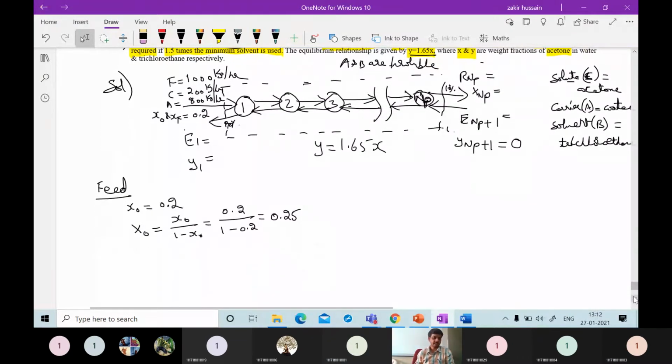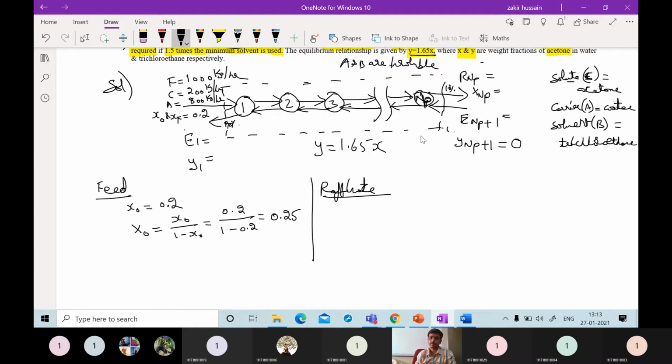Okay, now the feed stream. In the feed stream we have this data. Then the next is the NP stage, or we can say the raffinate stage. In the raffinate, what data point do we have? One clue we have is that 10% is unrecovered and 90% is recovered.